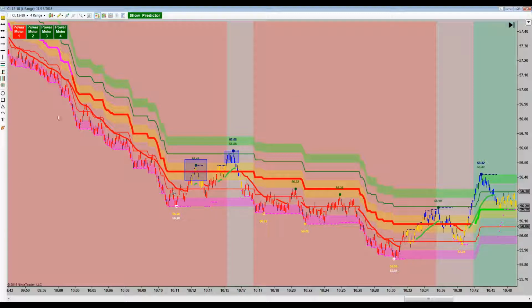Now, here's what you can do. Here's how you can do this first thing in the morning before the market opens. You can do it anytime throughout the day when the market is running. What do you do when you try to identify whether a market's in a range or not? How do we do that? What's the first thing we do when we're trying to figure out if a market is range bound?